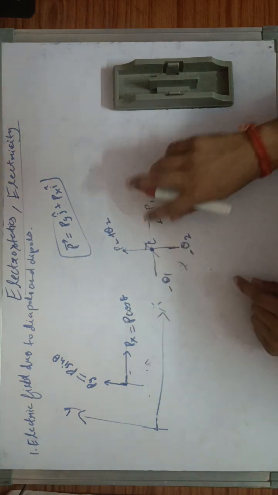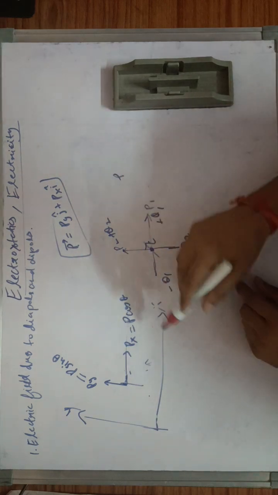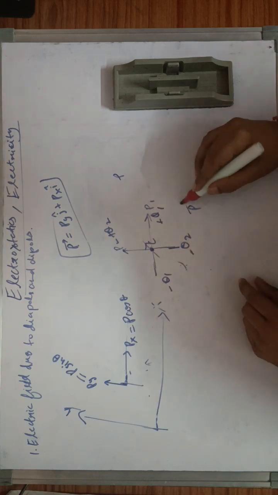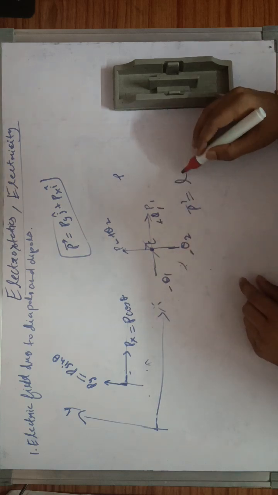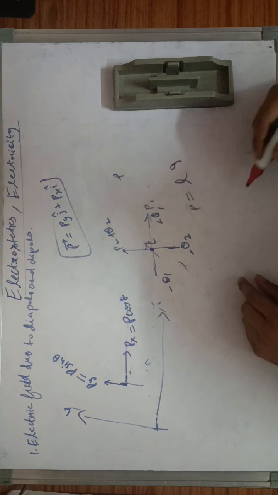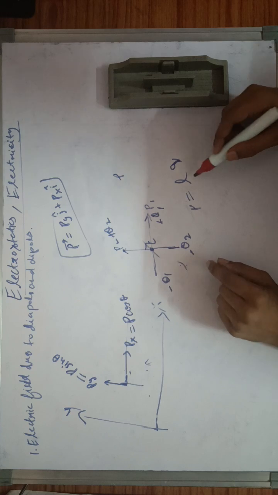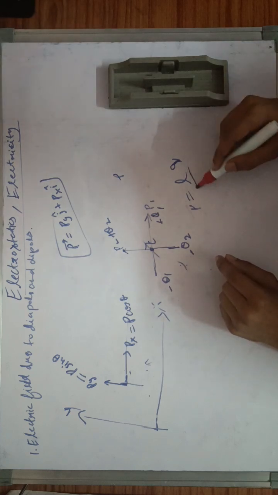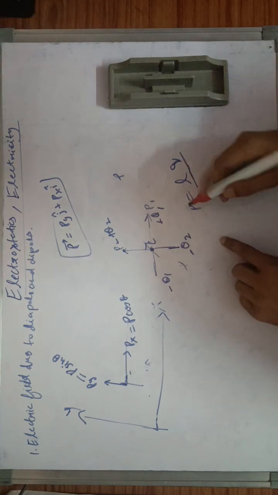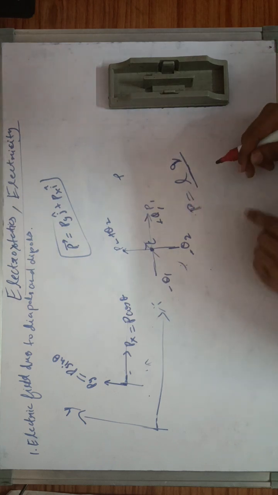I can write this p vector in terms of this, and it's my choice. A dipole moment's value is dependent on both length and the charge, the magnitude of the charge. So I can vary the length or charge for changing the magnitude of the dipole moment.